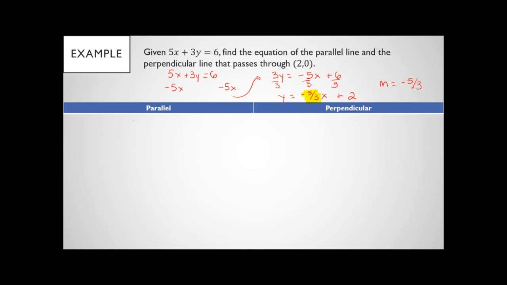So that means for the parallel line it's the same, so that's also going to be negative 5/3. But for the perpendicular it has the opposite sign and then it's the reciprocal. So it's going to be positive 3/5.